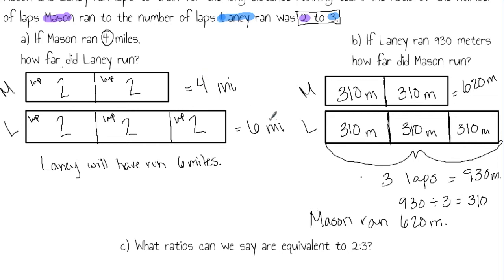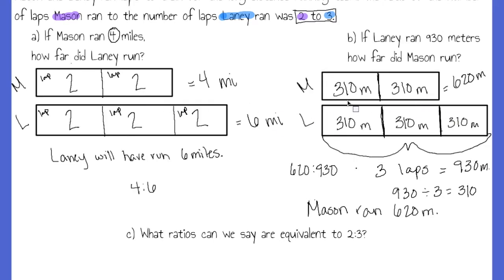So looking at this, my new ratio here would be 4 to 6, because we have to do Mason to Lainey, and 620 to 930.